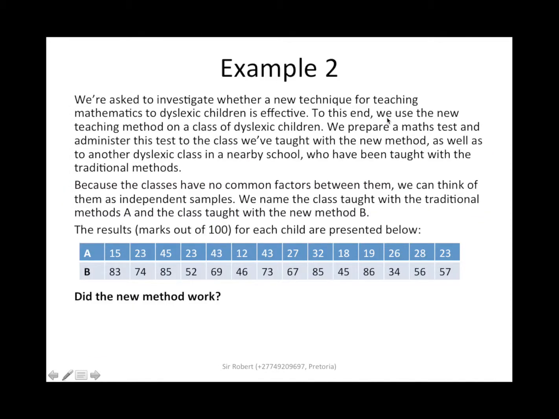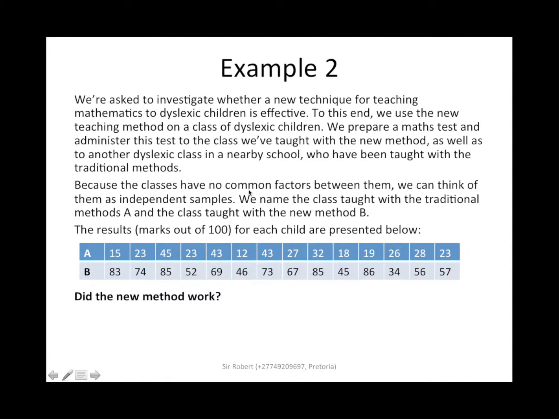So now, let's look at example 2. We are asked to investigate whether a new technique for teaching mathematics to dyslexic children is effective. To this end, we use a new teaching method on a class of dyslexic children. We prepare a math test and administer this test to the class we have taught with the new method, as well as another dyslexic class in a nearby school taught with the traditional method.